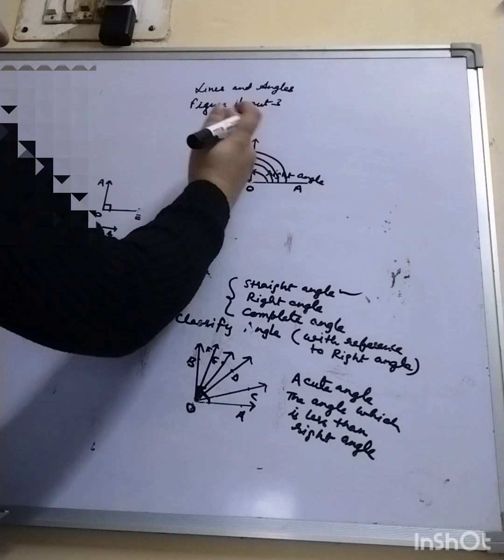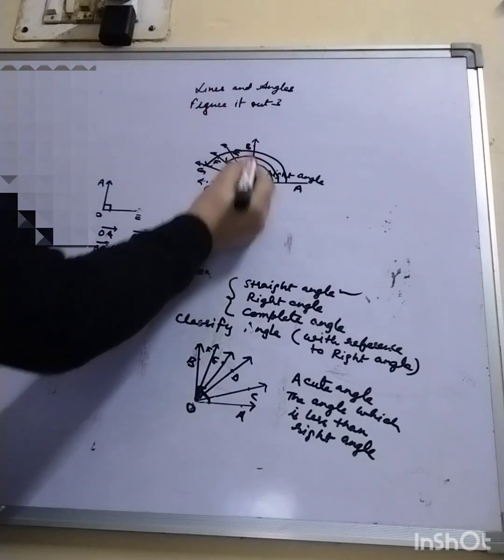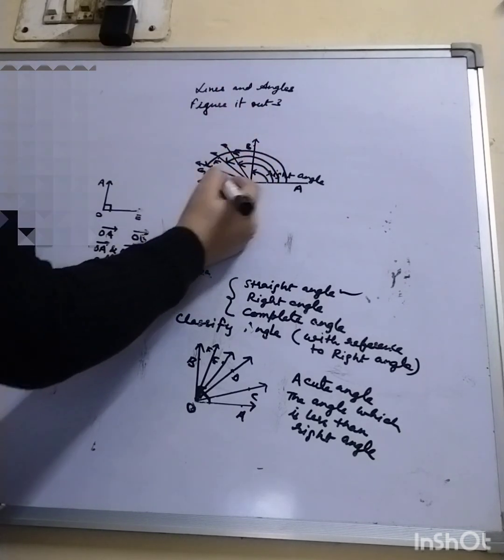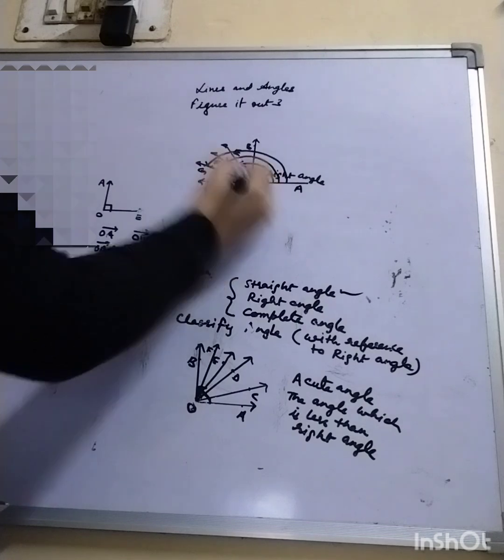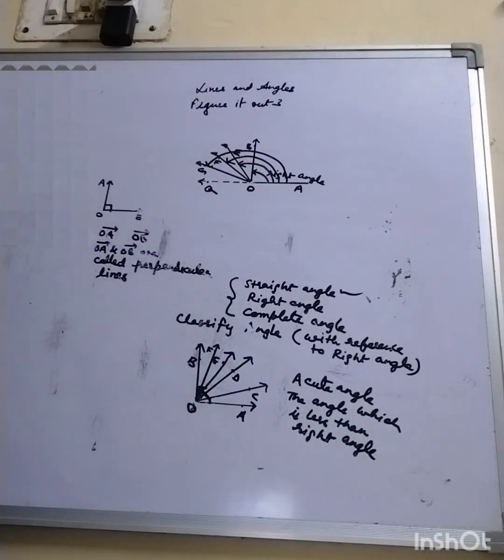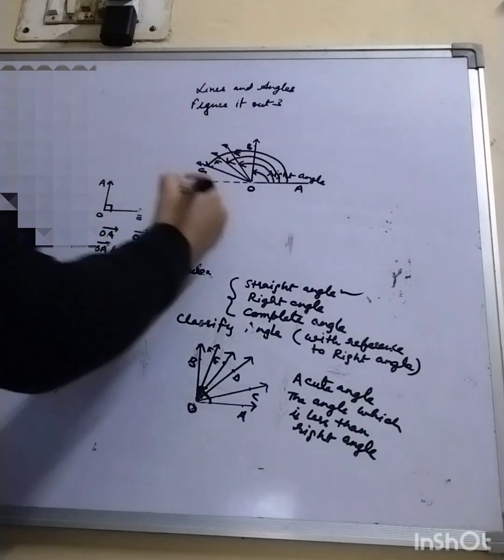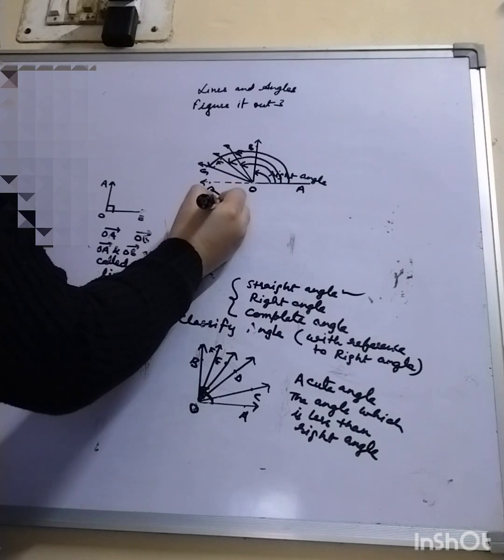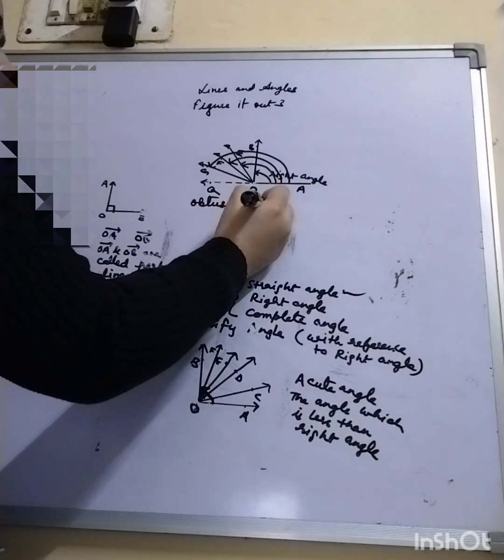So all the turnings of the angle which are greater than 90 degrees but less than a straight angle, they are called obtuse angles. So what is the definition of an obtuse angle?